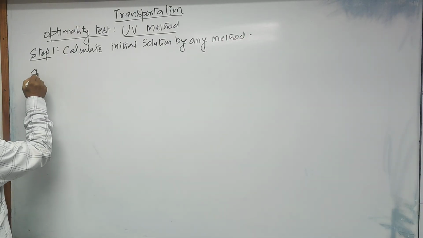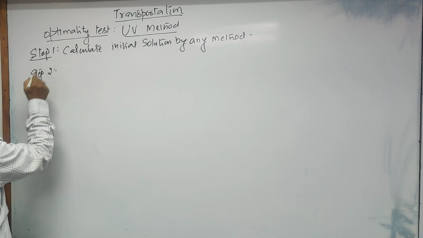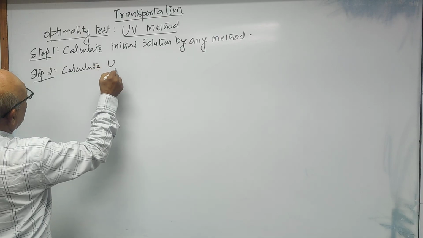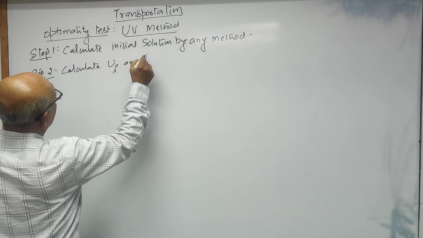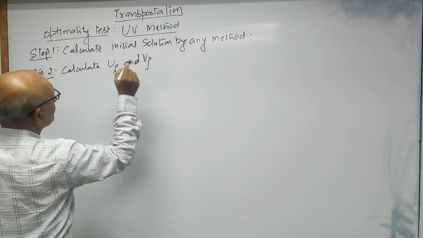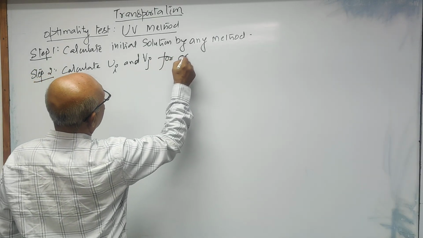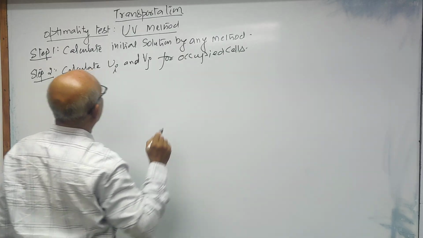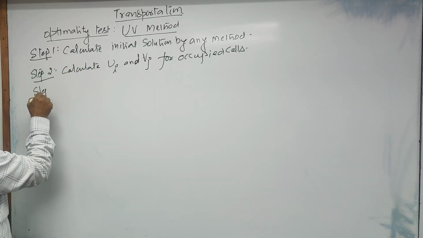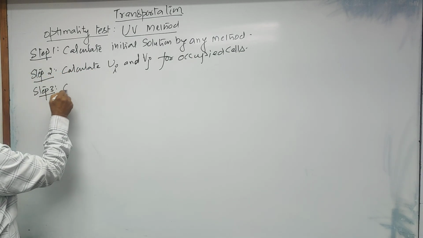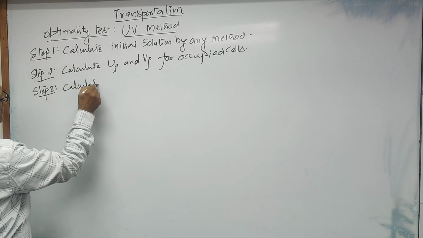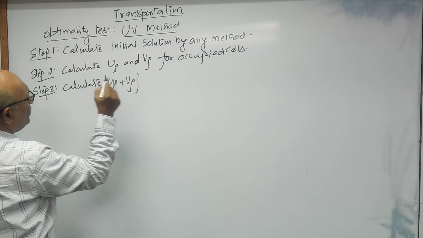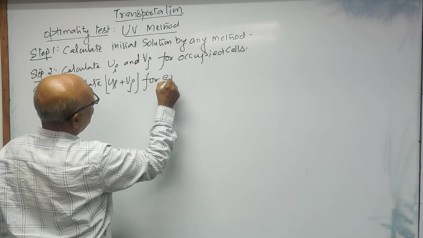Step number 2, calculate Ui and Vj for occupied cells. Step number 3, calculate Ui plus Vj for empty cells.